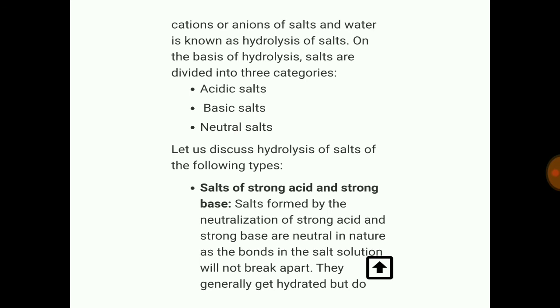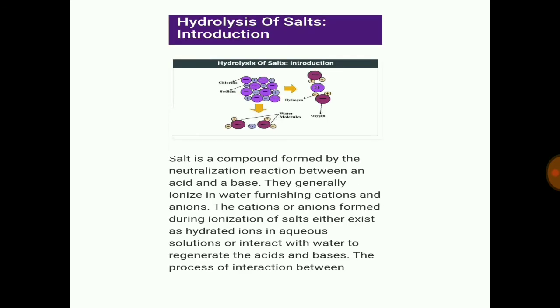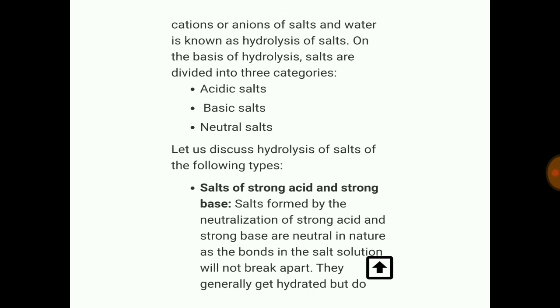On the basis of this hydrolysis, salts are divided into three categories: acidic salts, basic salts, and neutral salts. We will discuss here the hydrolysis of salts of these types.